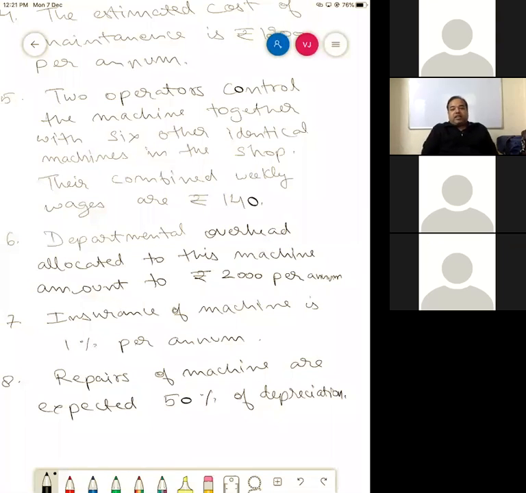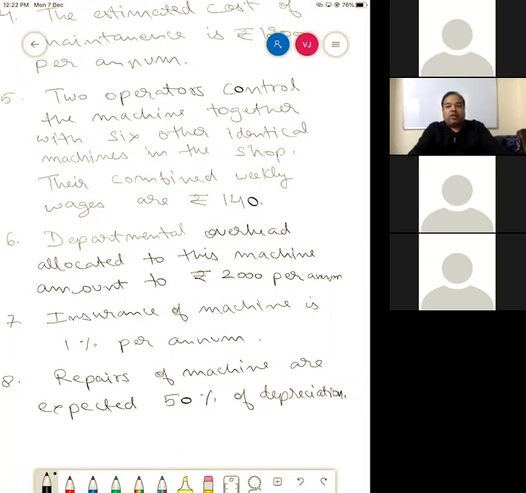Under standing charges, some of the expenses, whether you operate your machine or not, these expenses are always there. For example, your wages of operator, whether you run your machine or not, you have to pay the wages. Similarly, getting your machine insured, again this is the standing charge.